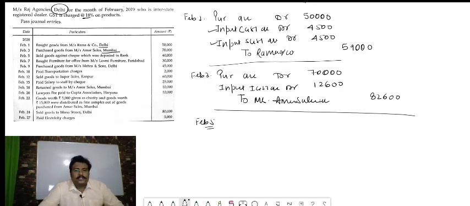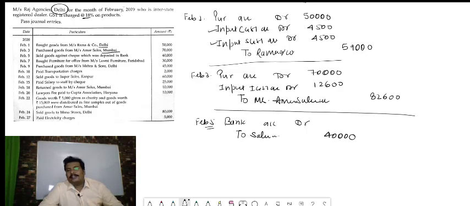Very simple, actually the money is coming. So bank account debit. To sales account, we sold the goods. How much? 40,000. Now guys, if you remember, I already told you that at the time of purchase we use the word input, but at the time of sales we collect the GST, which is our liability to pay to the government. That's why it will be credit, and the word we will use is output.